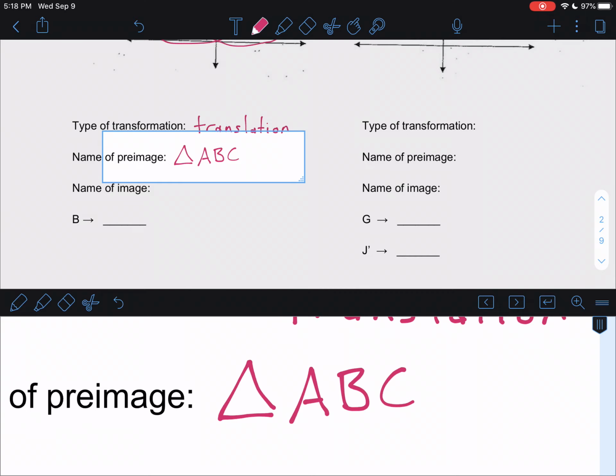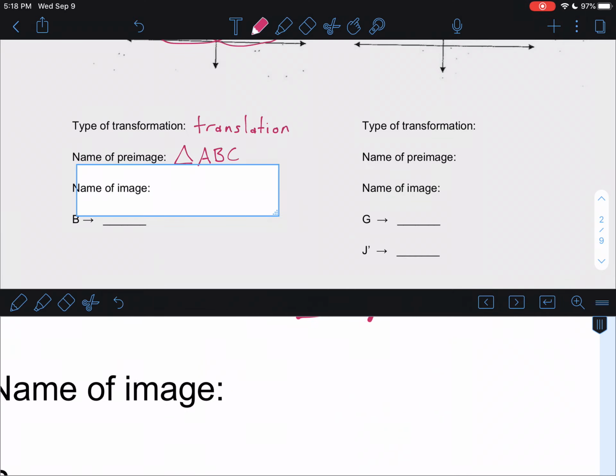So the pre-image was the one that was before the translation occurred. The image is after the translation occurs. So the image here is going to be triangle DEF.